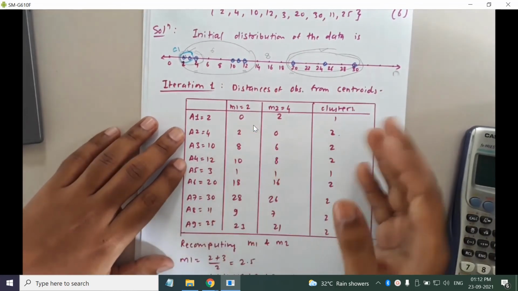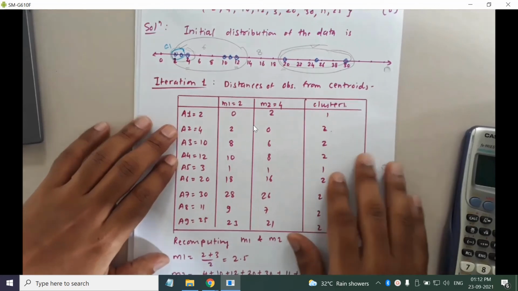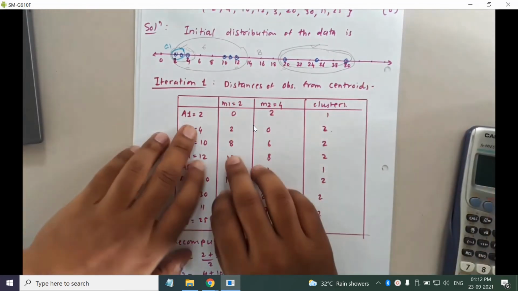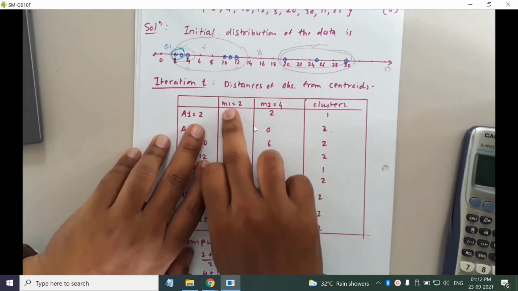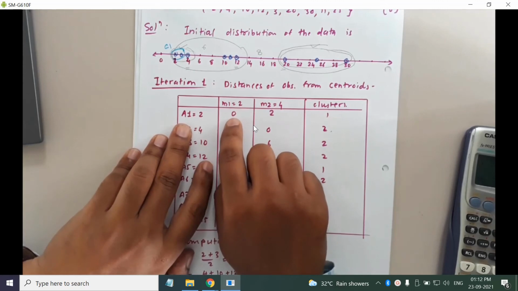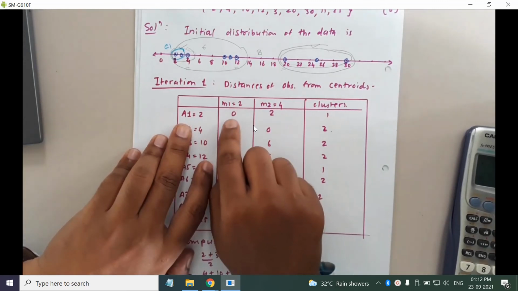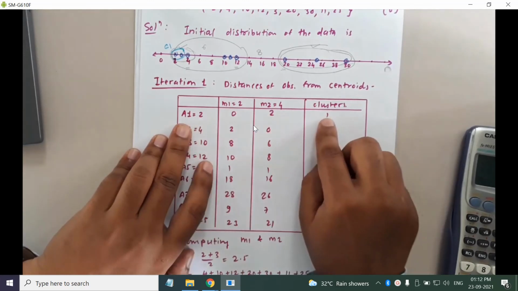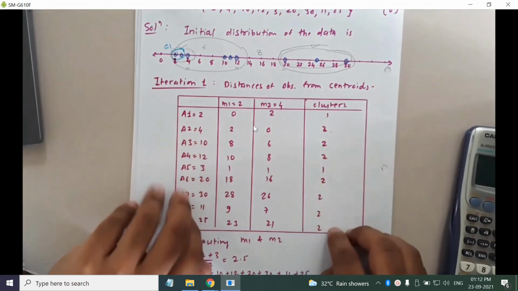Then reassign the clusters, assigning the data points to the nearest cluster. So between C1 and C2, A1 is closer to C1, cluster 1, so you assign that label. Now A1 will belong to C1, and so on.